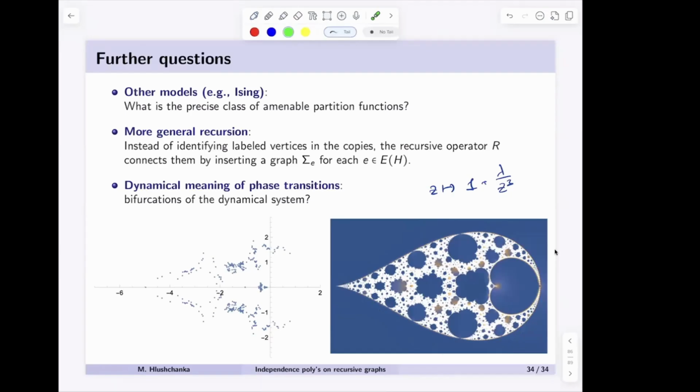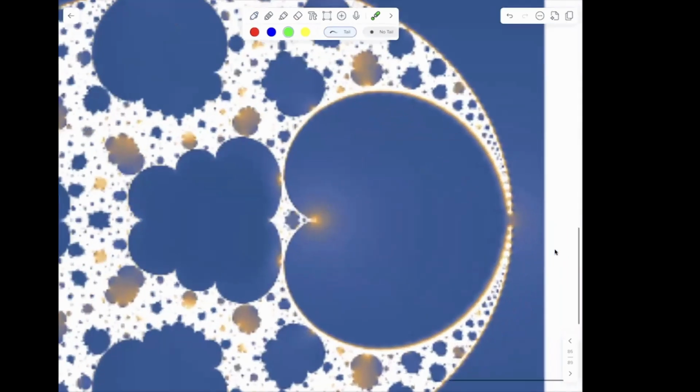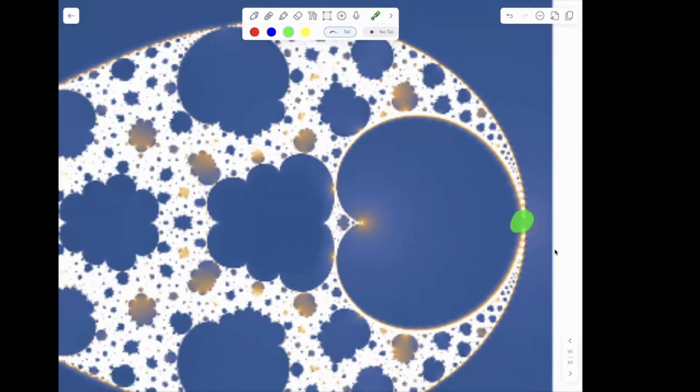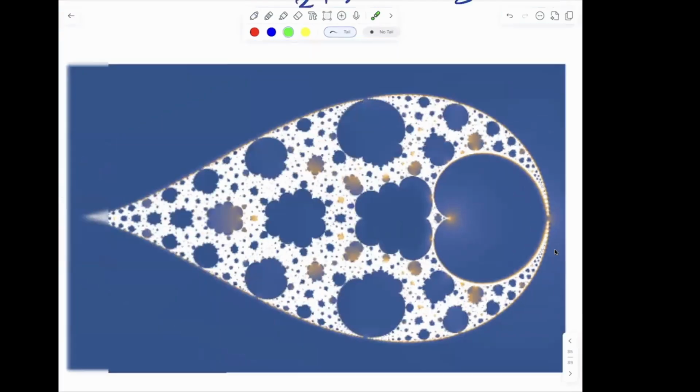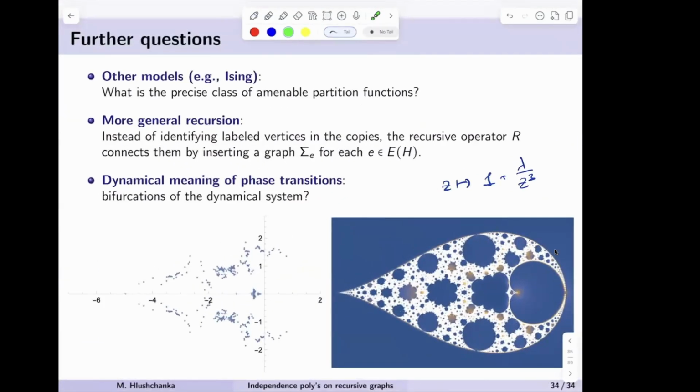At the centers of the hyperbolic components, they precisely correspond to the roots of the independence polynomial. And as you can see, this is the point where the phase transition occurs. The hyperbolic components, and in particular the centers, accumulate at this physical parameter. That is the reason why for these regular rooted trees, you have a unique phase transition at this point. So there is a close relation to the bifurcations of some natural dynamical systems.